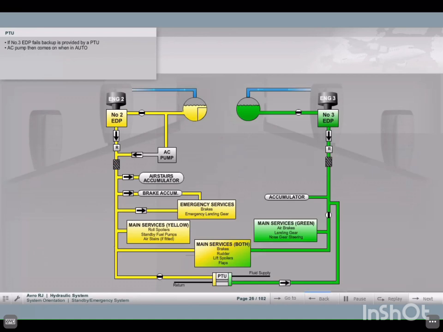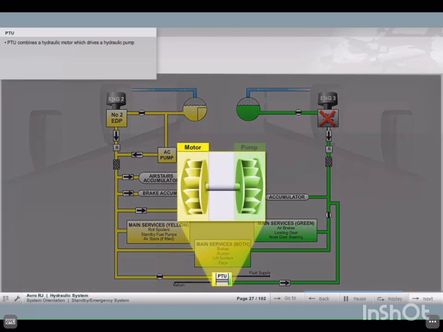If the number 3 EDP fails, backup is provided by a power transfer unit, PTU. In this case, the AC pump would also come on when in auto mode. The PTU combines a hydraulic motor which drives a hydraulic pump.